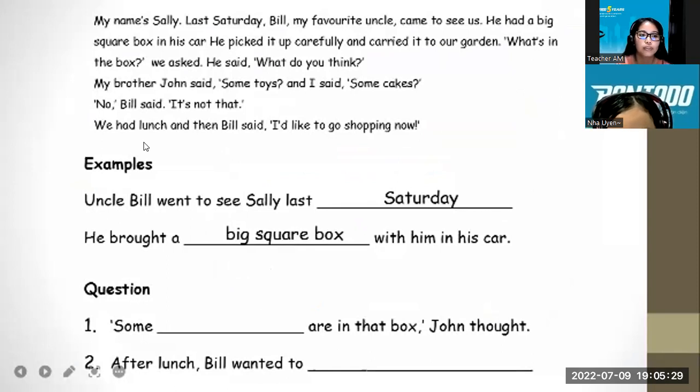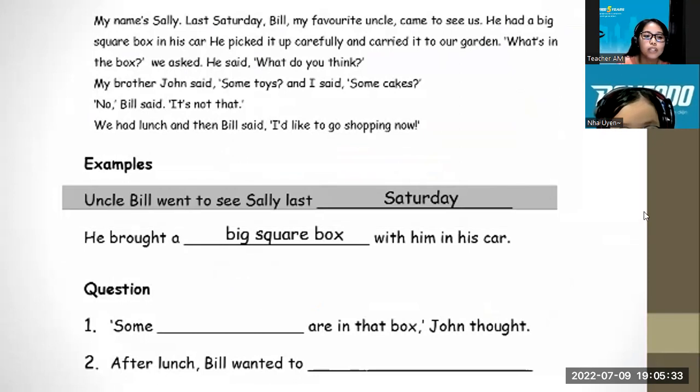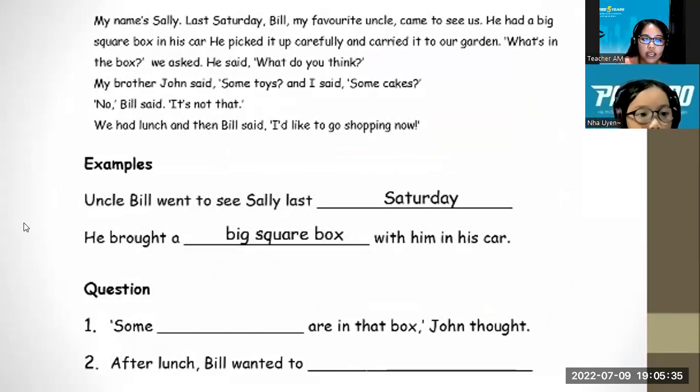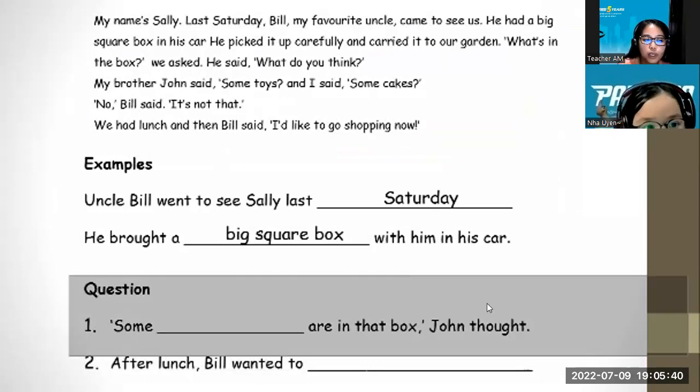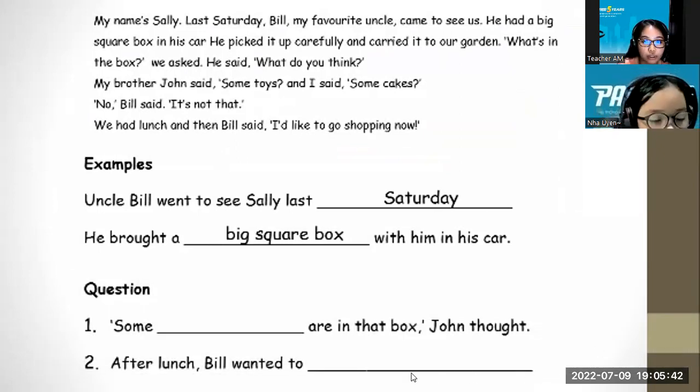Go to the first picture. Okay, Uncle Bill went to see Sally last Saturday. He brought a big square box with him in his car. So for questions 1 and 2, I want you to read and tell me your answer.